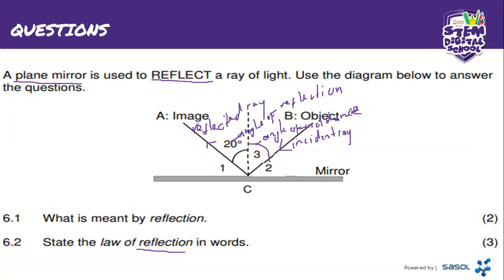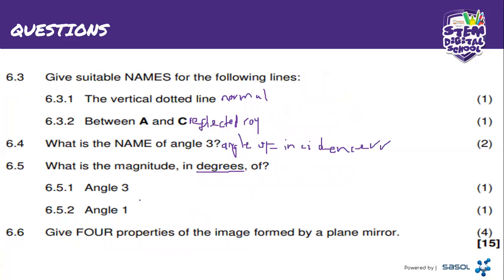So if the angle of reflection is 20 degrees, then angle 3, which is the angle of incidence, must be equal to the angle of reflection. And that is definitely going to give me 20 degrees. Are we together? It's going to give me 20 degrees.